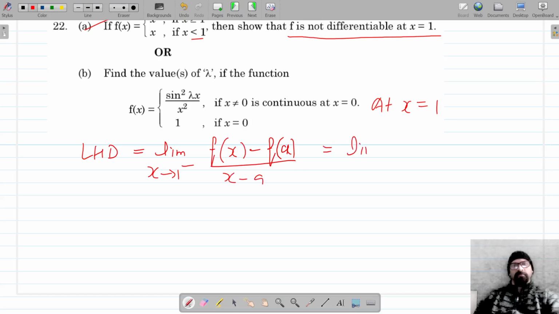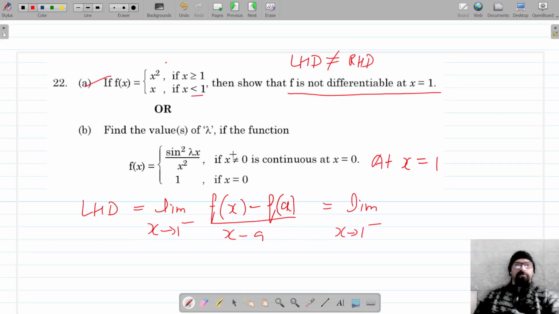Now for x less than 1, the value of the function is x. So f of x is x, so x minus f of a. So f of a is 1.